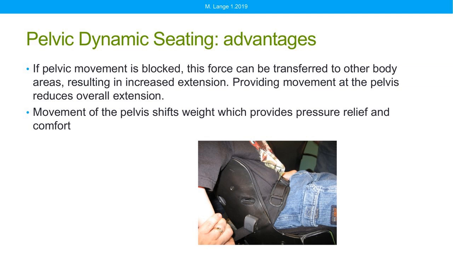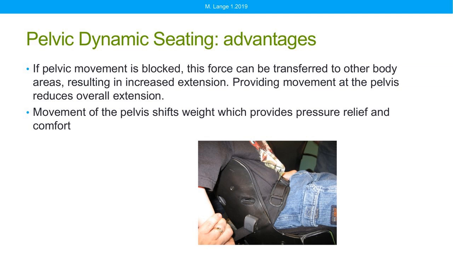Now, providing movement at the pelvis can be advantageous for many of our clients. If we don't allow any movement at the pelvis, if that movement is blocked by a more static seating system, that client is still attempting to extend at the hips. And so that force is transferred to wherever it can go.